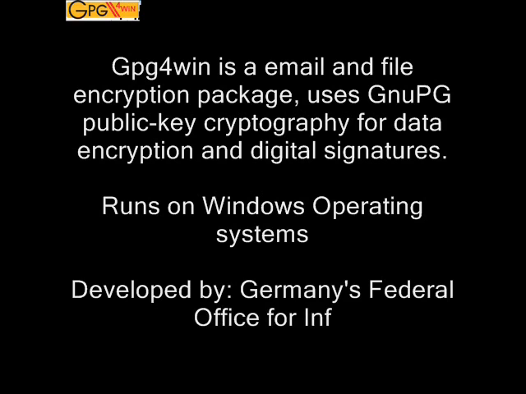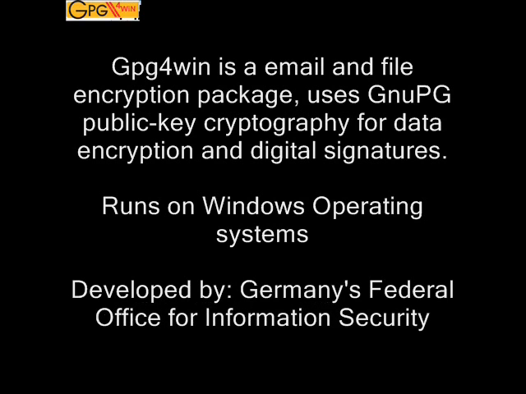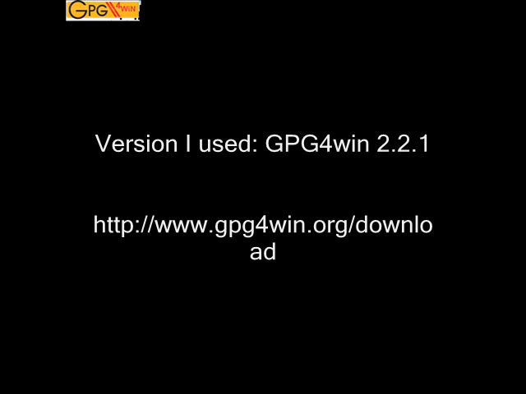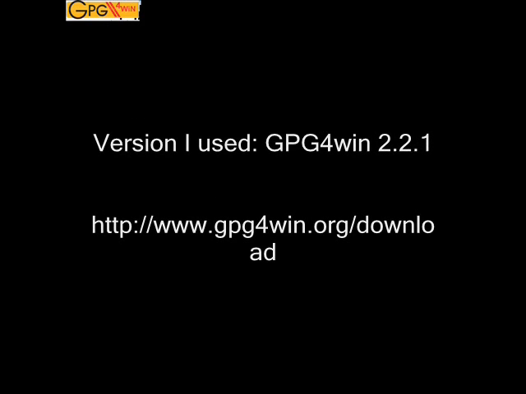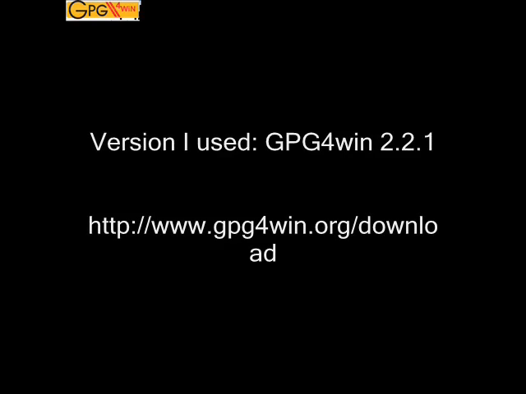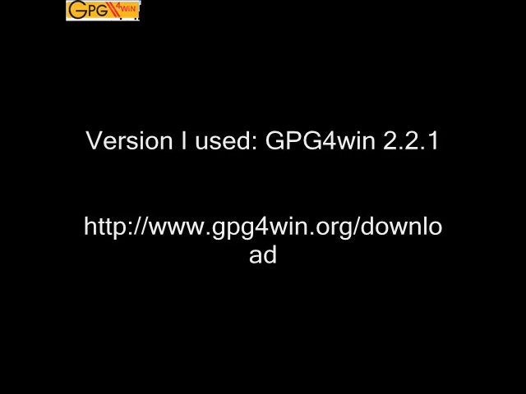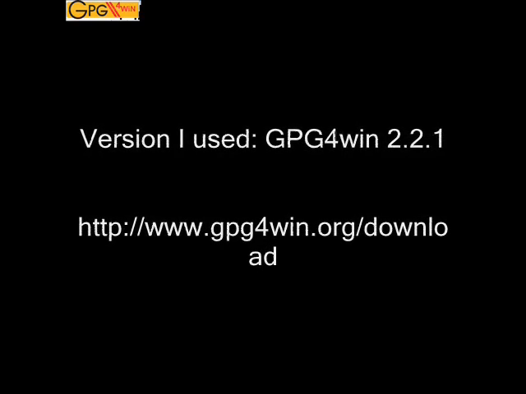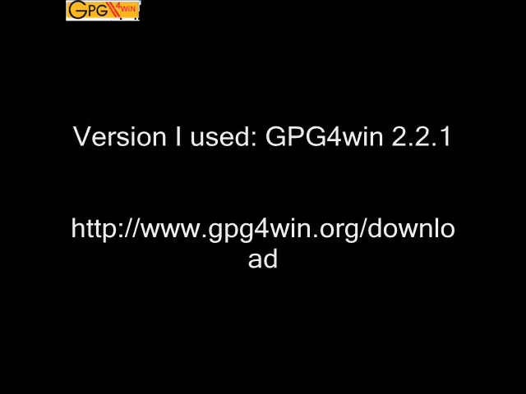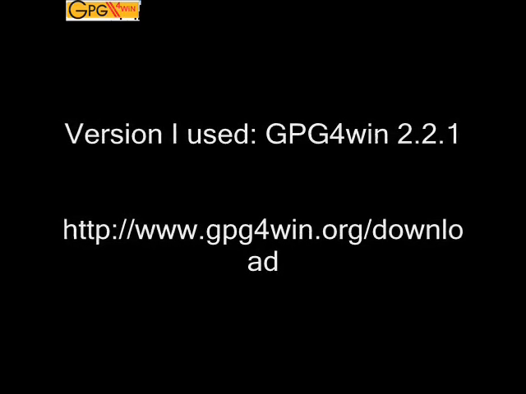GPG4Win itself and all included tools that come with it are free and open source software, and is typically the non-proprietary option recommended to Windows users. The version of GPG4Win I'm using is 2.2.1, and you can go to www.gpg4win.org/download to download this version.